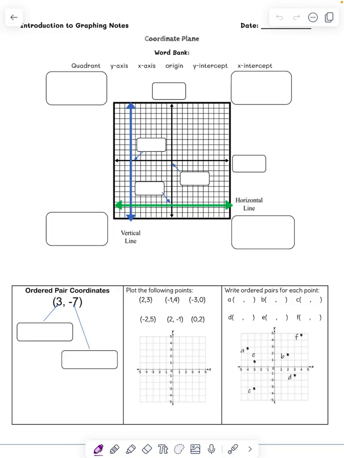So your horizontal axis is your x-axis. And your vertical axis is your y-axis. Okay? And think of them like two number lines crossing. And right here in the middle where they cross is called the origin.